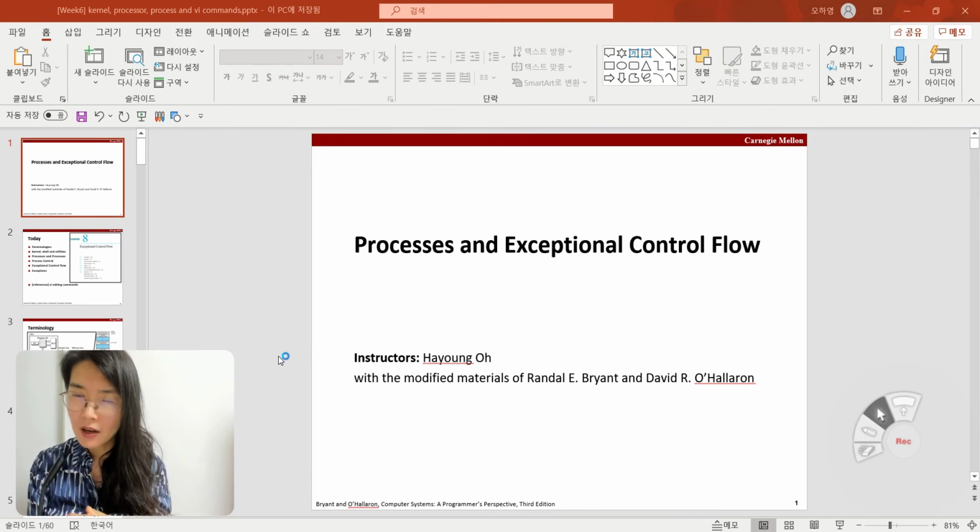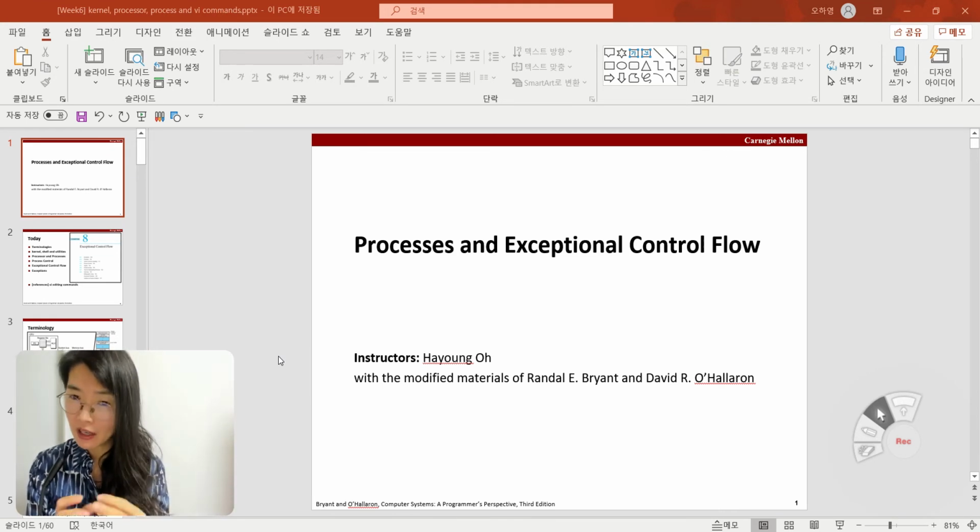But in this video, we will use Linux with the C programming language. So please take a look all by yourself with your notes and the portal as well as your own portfolio Word file. All right. As you can see on the screen, we will learn about processes and exceptional control flow step by step.